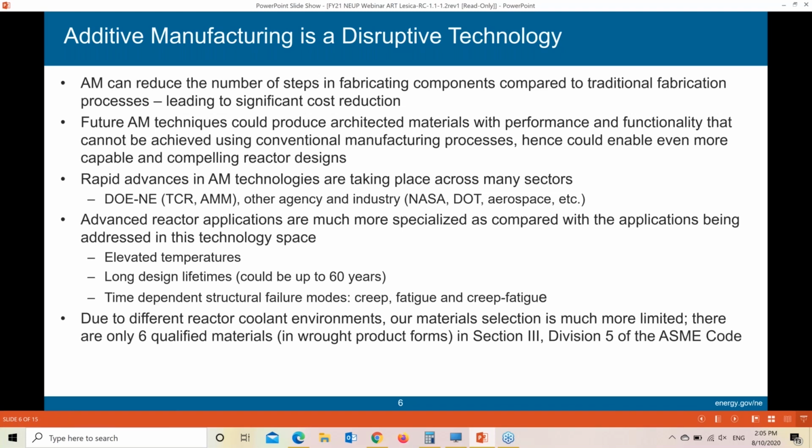That's creep, fatigue, and creep fatigue. Also, due to the different reactor coolant environments, the material selection for fabrication is much more limited. There are only 6 qualified materials currently in Section 3, Div 5 of the ASME code.